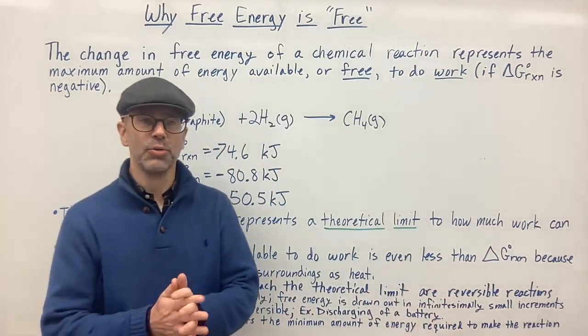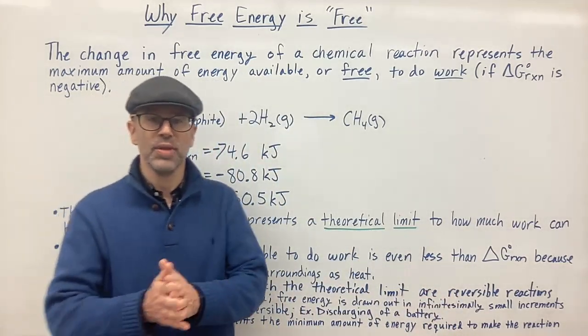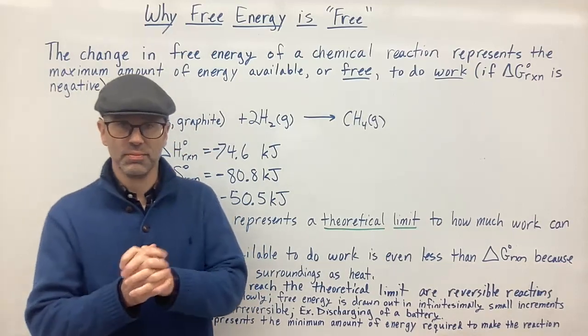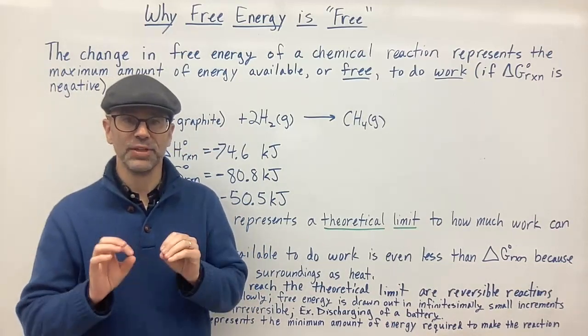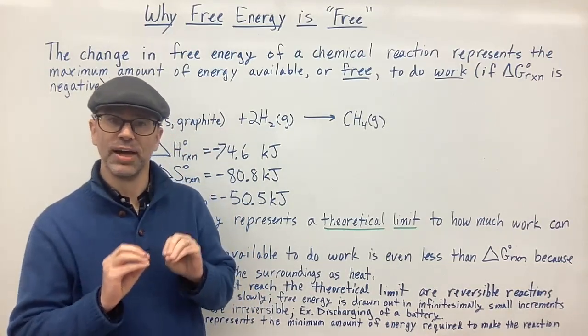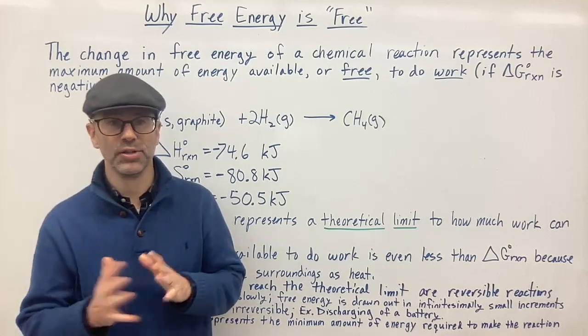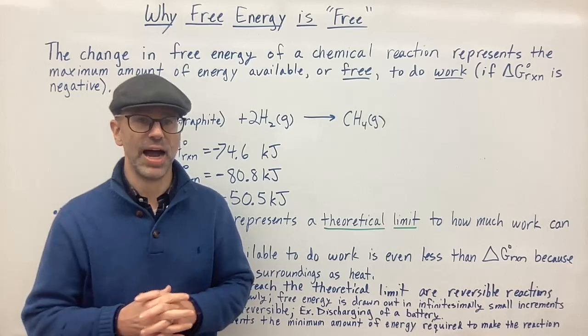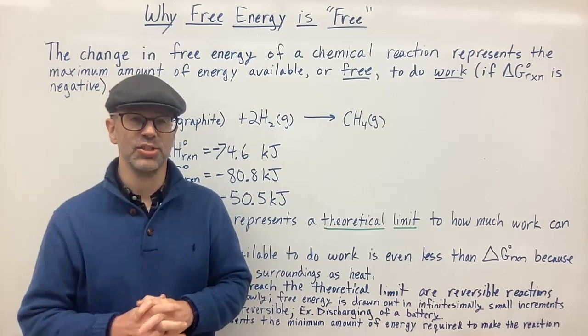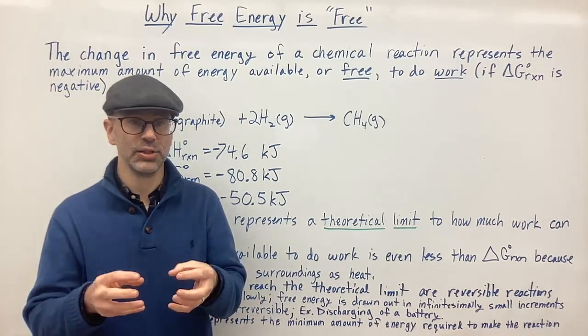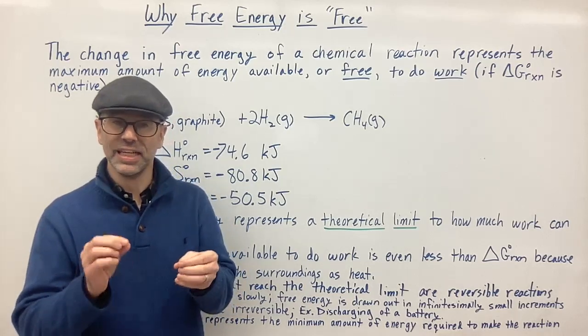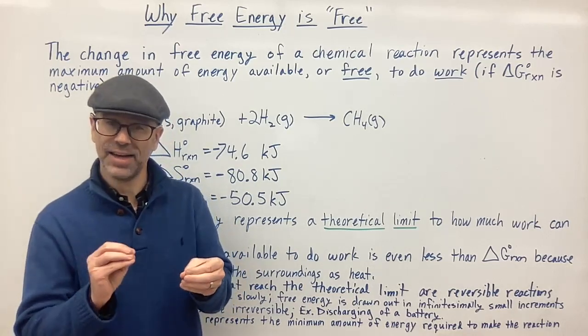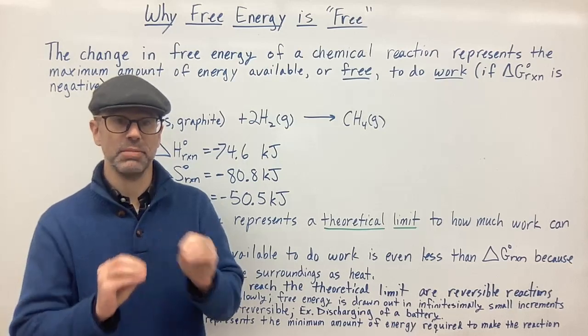Those are the reactions that can go with only an infinitesimal amount of energy pushing it one way or the other. So the example would be, say, the melting of ice at 0 degrees Celsius. If you have an ice cube at 0 degrees Celsius, it only takes an infinitesimal amount of energy added to that to get it to melt, right?